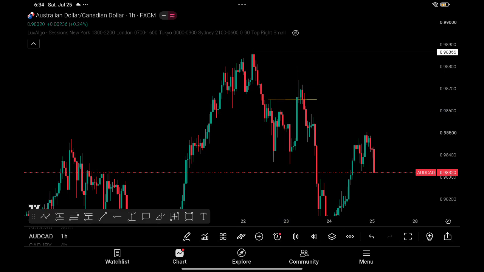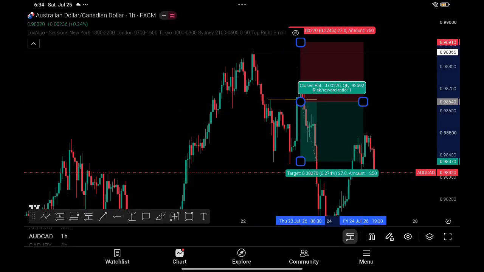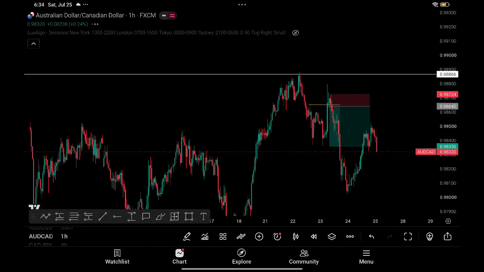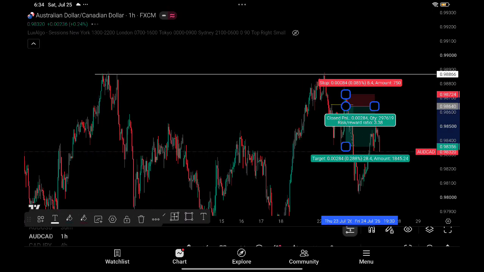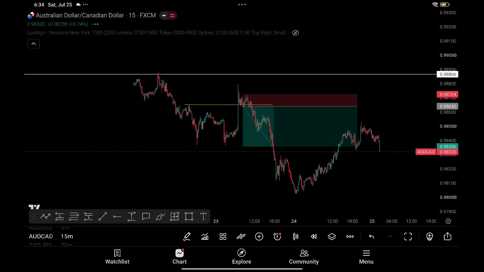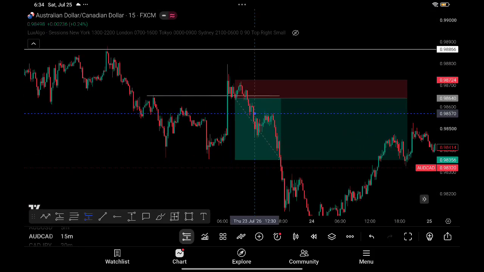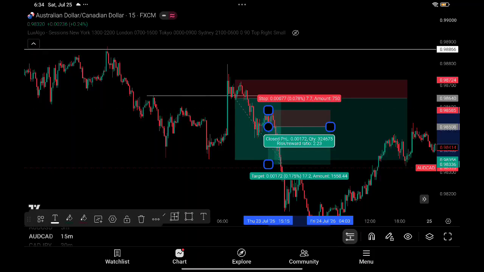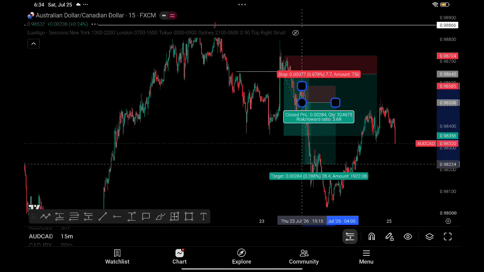That gap getting filled, and then you wait for the perfect rejection candle to take this entry. That's it. Simple. 3 to 1 on the low. Bang on. And you can take this trade right there also. Bang. That's it.